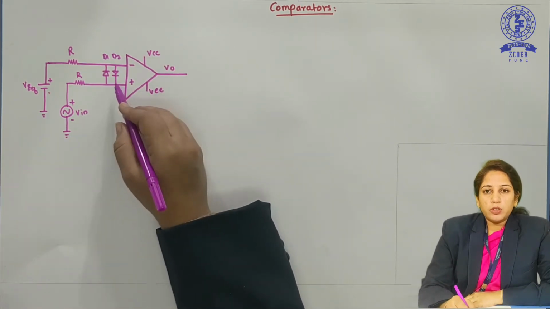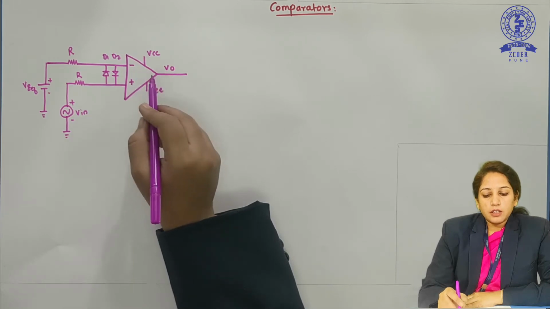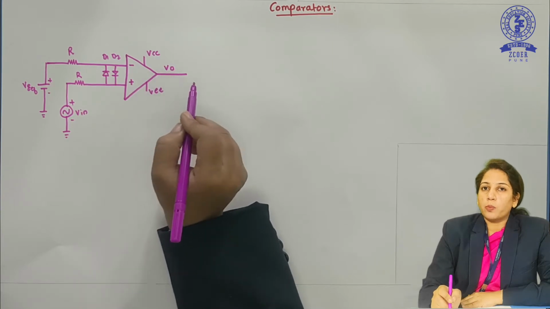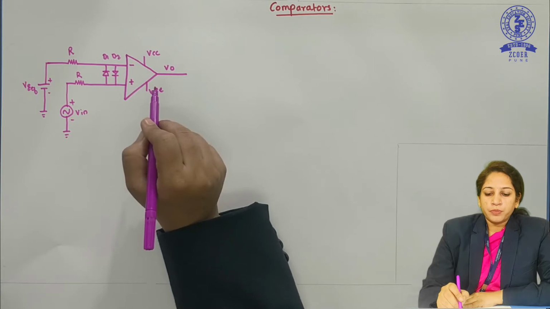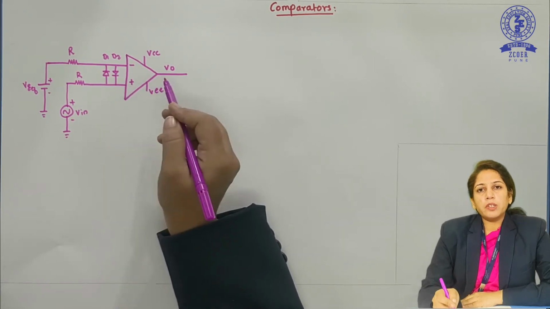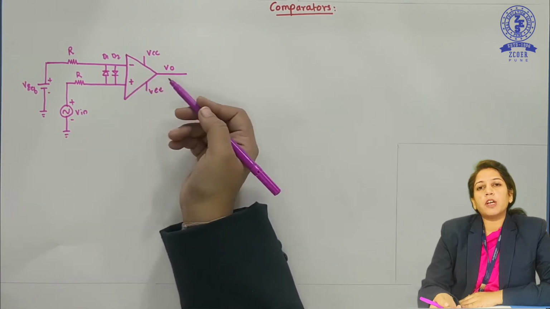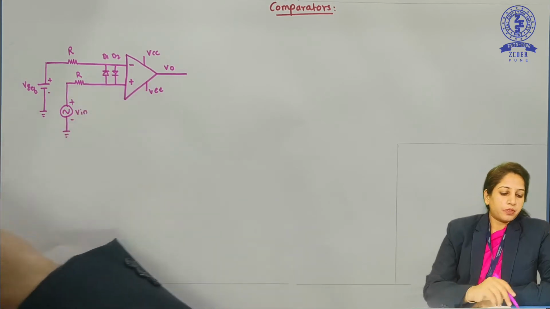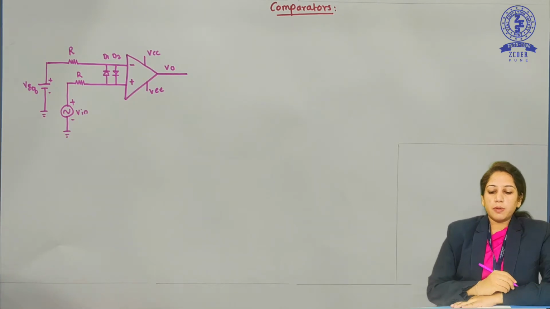Because of these diodes, whatever VID voltage I provide will be clamped at 0.7 volt or minus 0.7 volt, and so these diodes are called clamping diodes. Basically these diodes are present internally in some operational amplifiers, or for some operational amplifiers we need to put them externally. So in this way we have seen a comparator circuit.